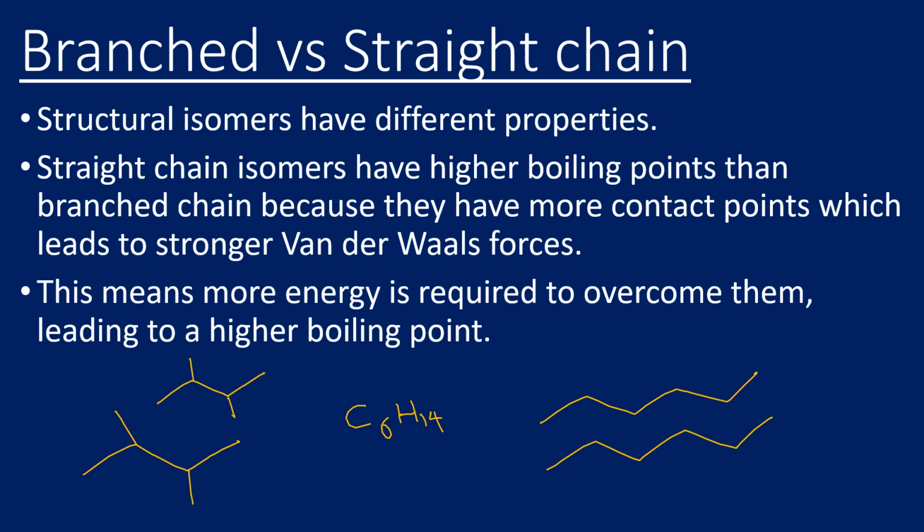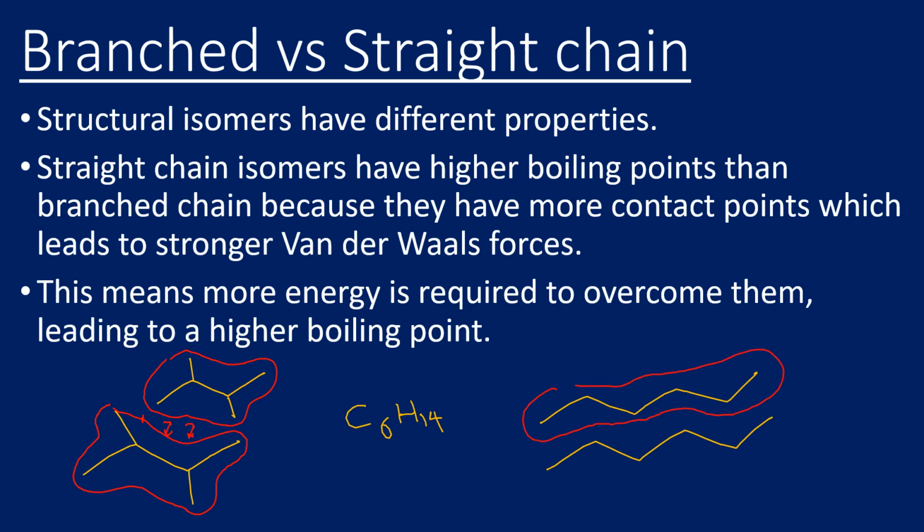Now they have the same molecular mass because they have the same molecular formula. However, the molecule on the left, you can see, actually has fewer contact points. So although they have the same number of electrons, they have fewer contact points, which is going to lead to weaker van der Waals forces of attraction.